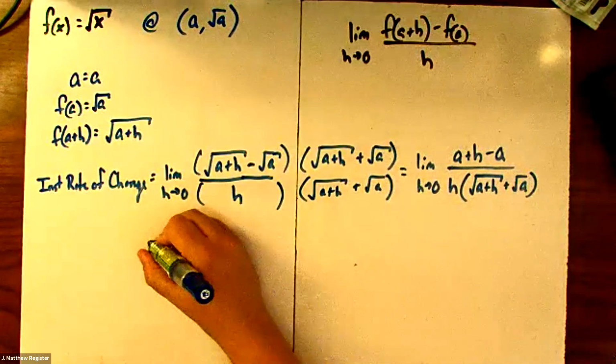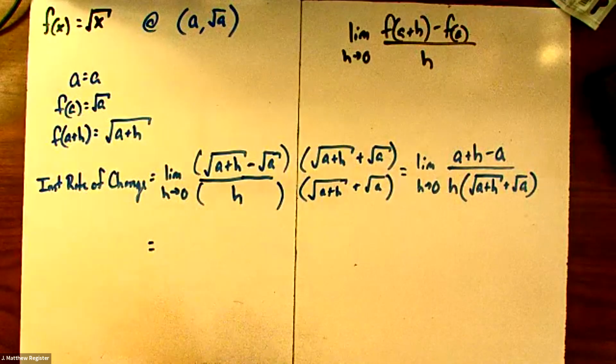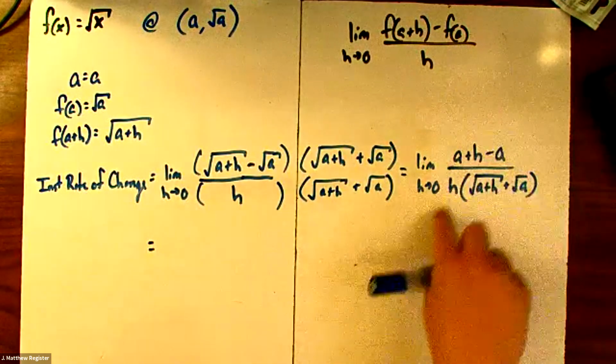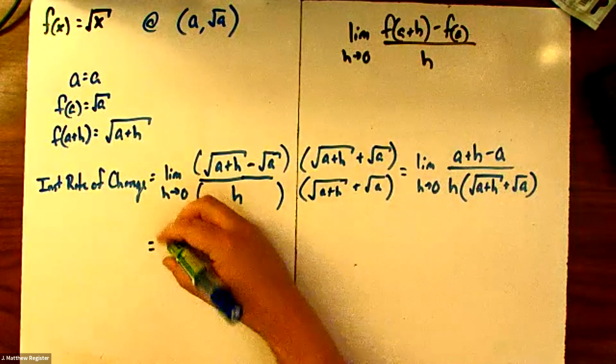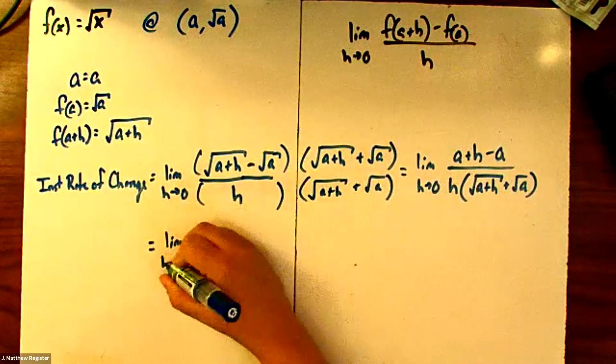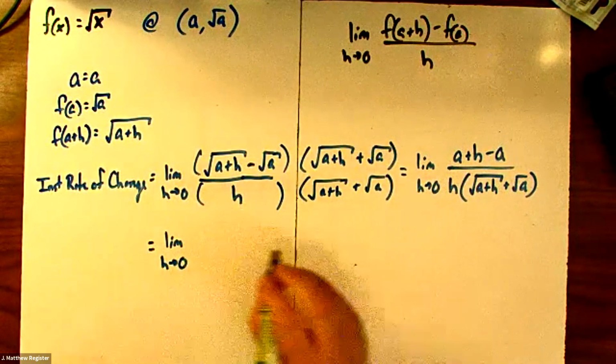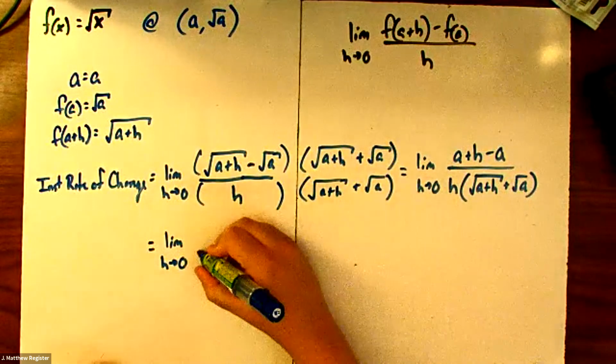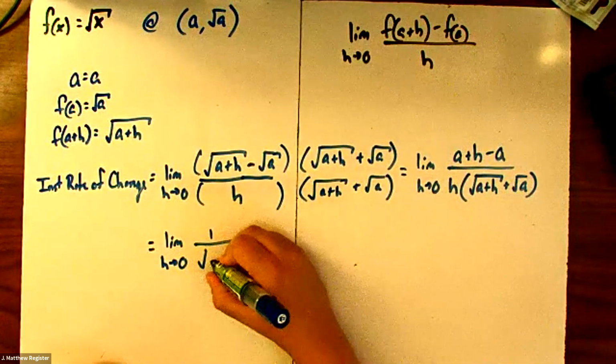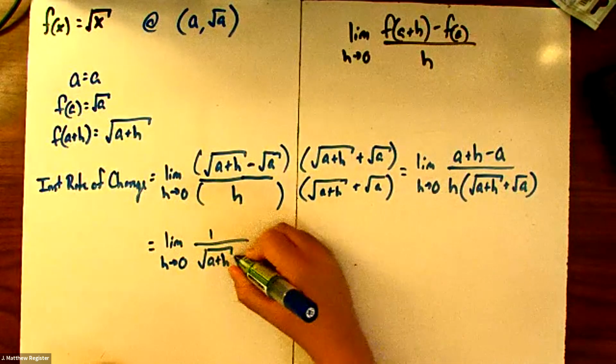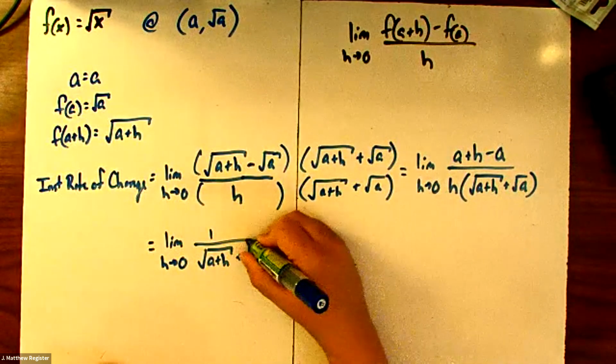This, again, we can simplify just like we did when we had the number 4 in there. The a's cancel, the h's cancel. And so we're left with the limit as h goes to 0 of 1 over square root of a plus h plus square root of a.